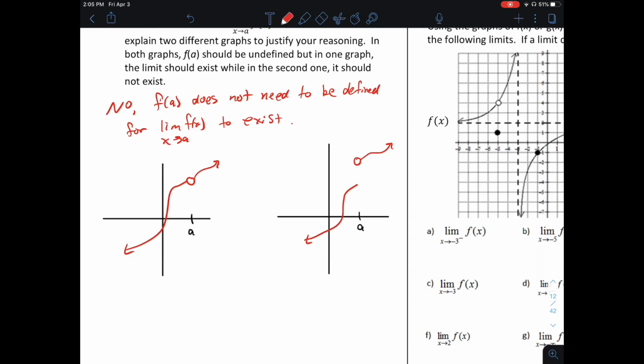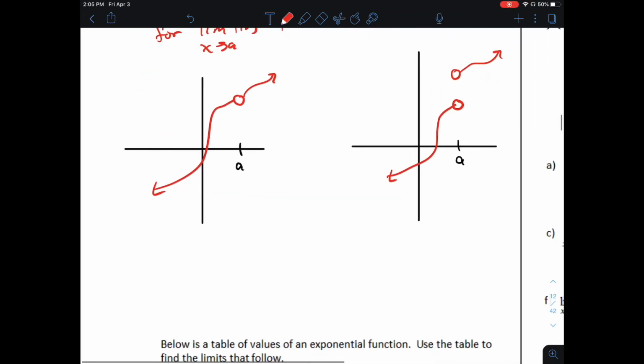All right, I didn't do this one right then. Open circle. And the limit should exist, while in the second one it should not exist.